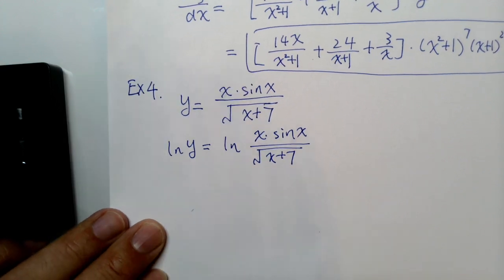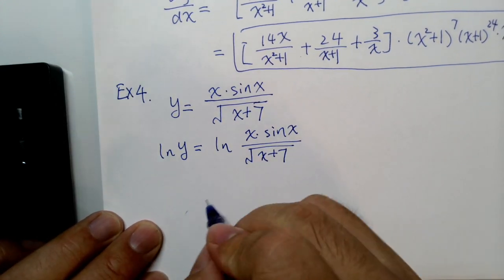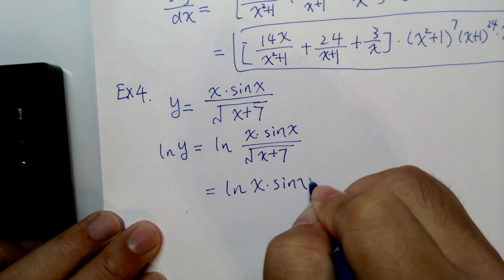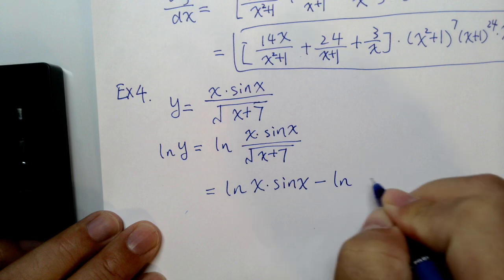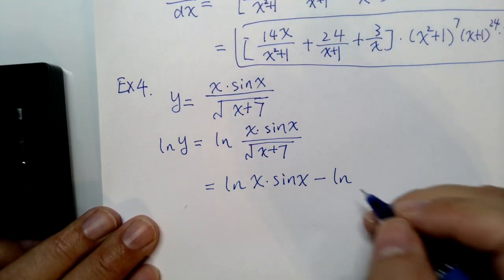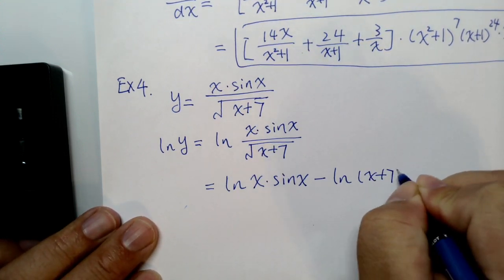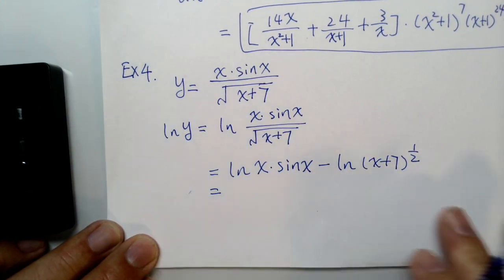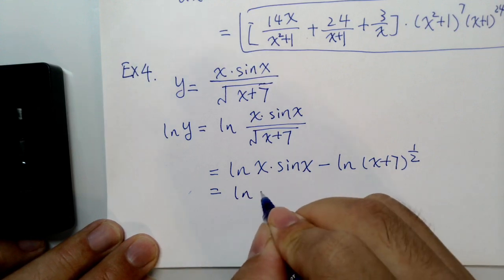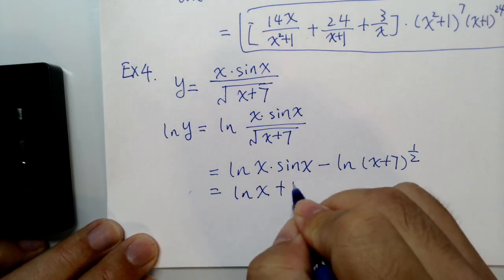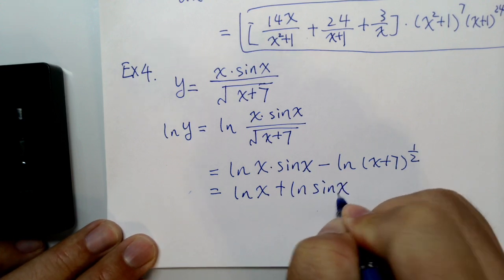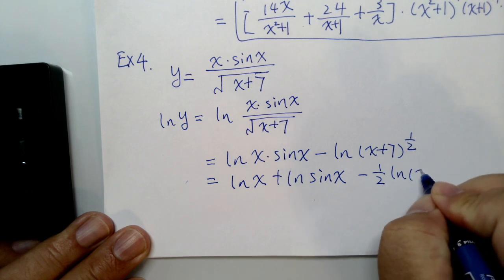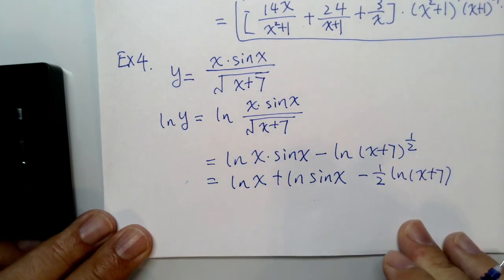Then apply the properties of logarithms, and you have ln of x times sine x minus ln of square root of x plus 7. The right hand side can be written as ln of x plus ln of sine x, minus 1 over 2 ln of x plus 7.